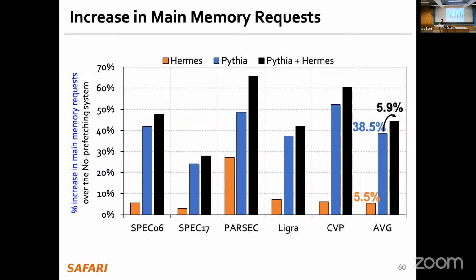Now, if you put these numbers into the perspective of the performance benefit, you're getting 11.5% performance for a 5.5% increment.